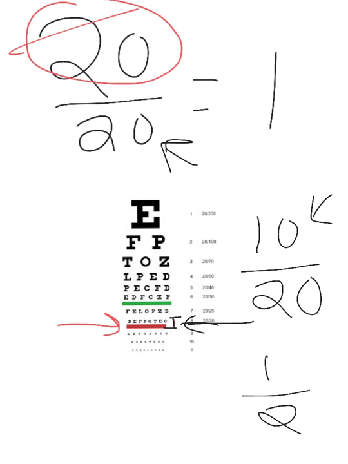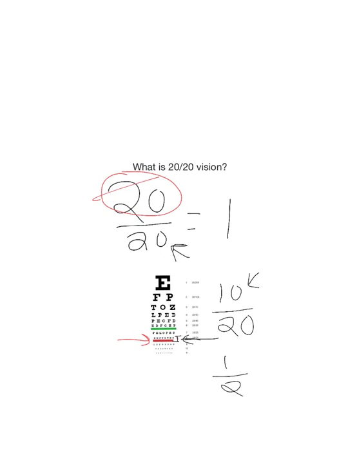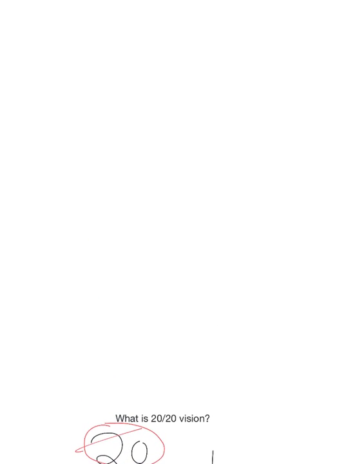Now the essence of visual acuity, the essence of 20/20 vision, is something called the minimum angle of resolution. So let's say you're looking at a big E on the chart, and you're sitting about 20 feet away.